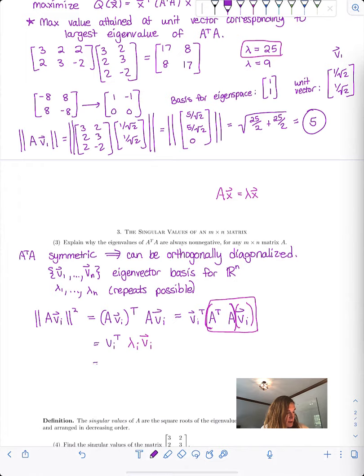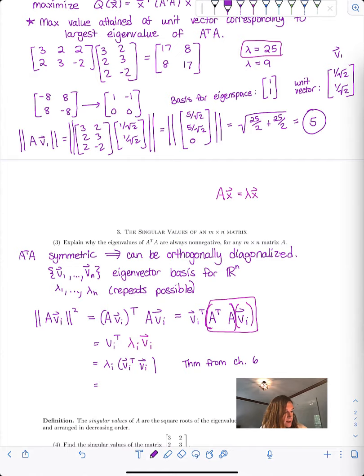But lambda i is a constant, and so we have a theorem in chapter 6, a dot product theorem, that says we can pull it out. You should go back and cite down which one.